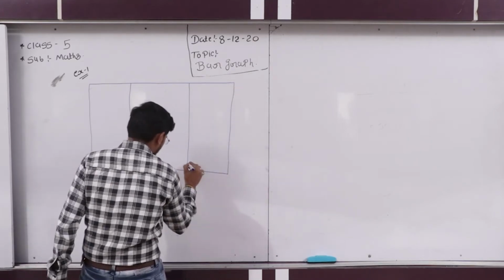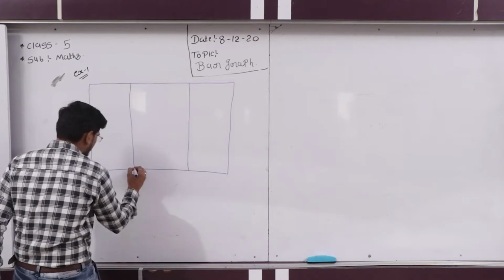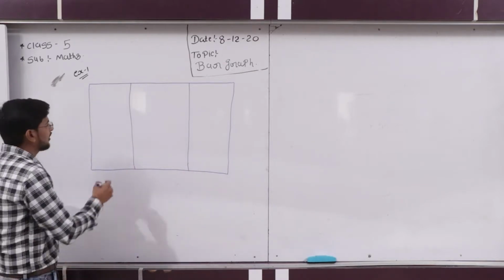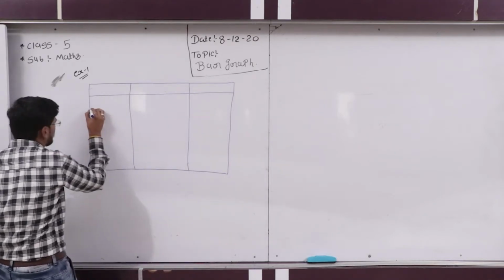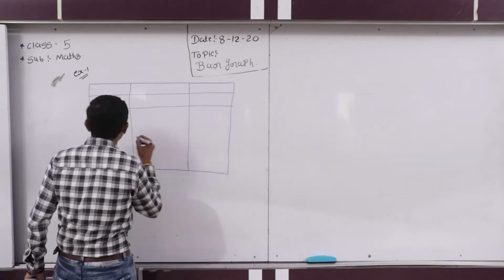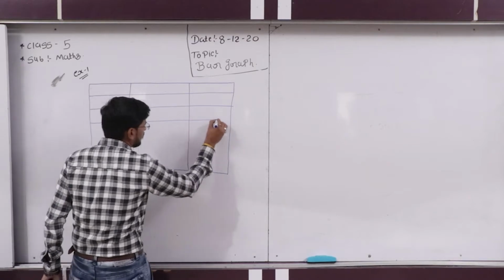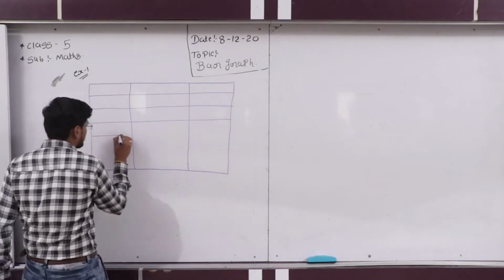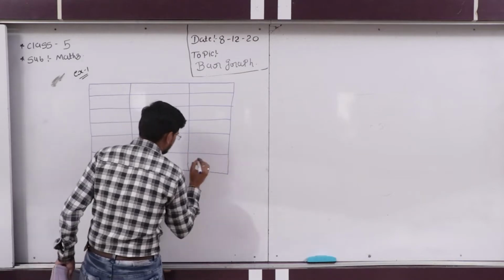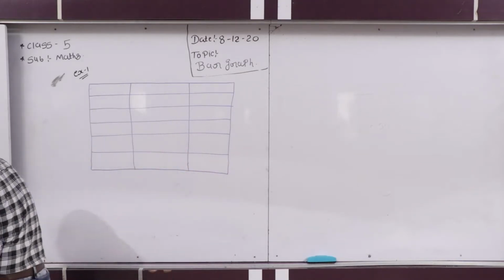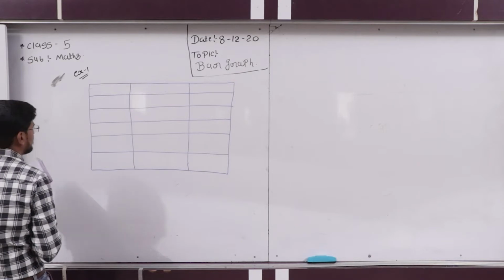It means we take some flavors of ice cream here, for class 1, class 2, class 3, class 4 and class 5. First column name is class.